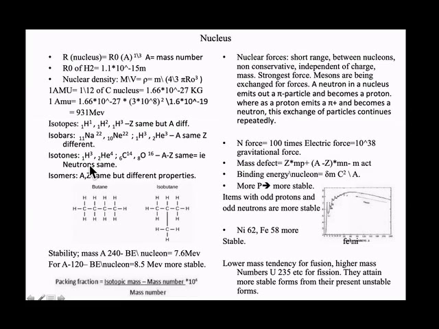They are called isotones. Now isomers: you have butane and isobutane. They are both C4H10, but they have different configurations and different properties. Like that, in the nucleus itself, the arrangement of nucleons makes different types.